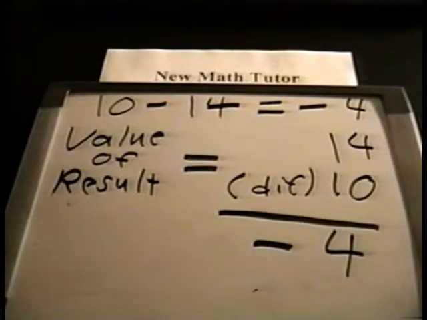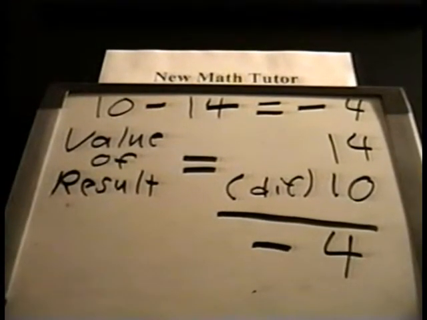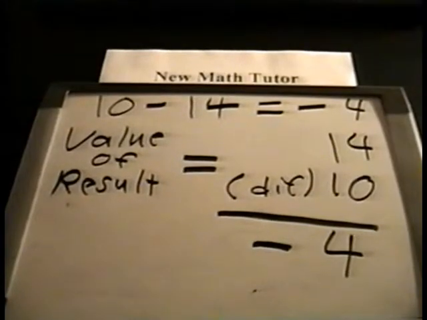And the result, you know, is going to be negative. But the difference between 14 and 10 is 4. So therefore we know the result is negative. We have a negative 4.